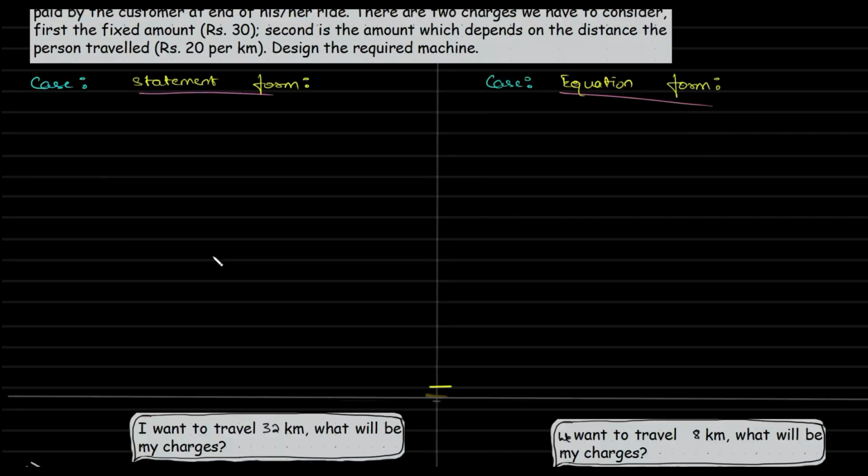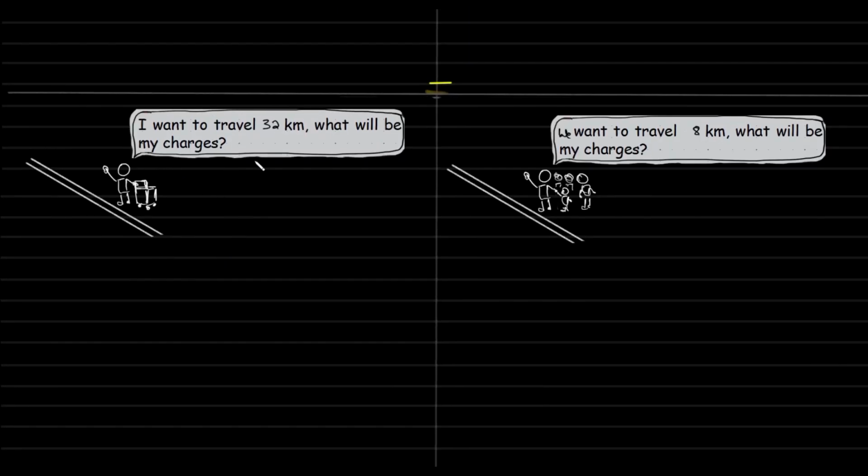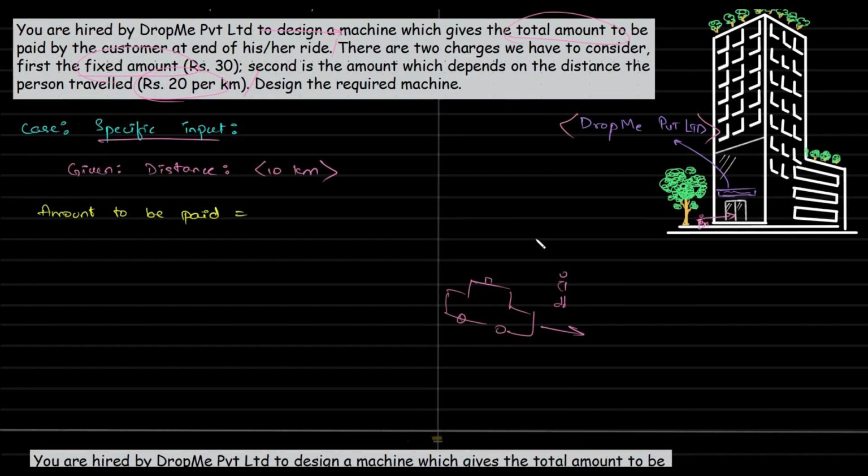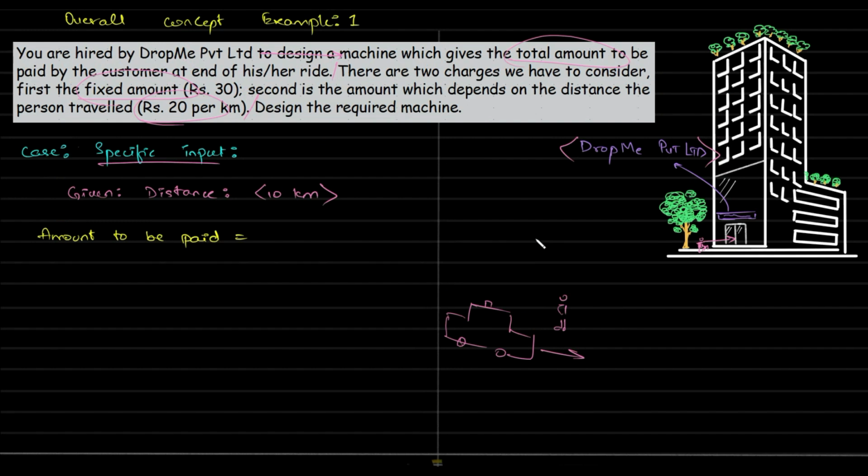Okay, and then you take a few particular cases and apply it over there, and at the end of it, you will be able to design a machine which is suited to this particular scenario.